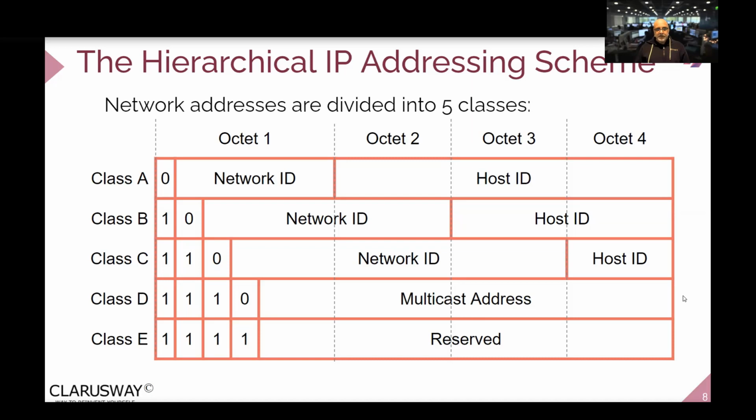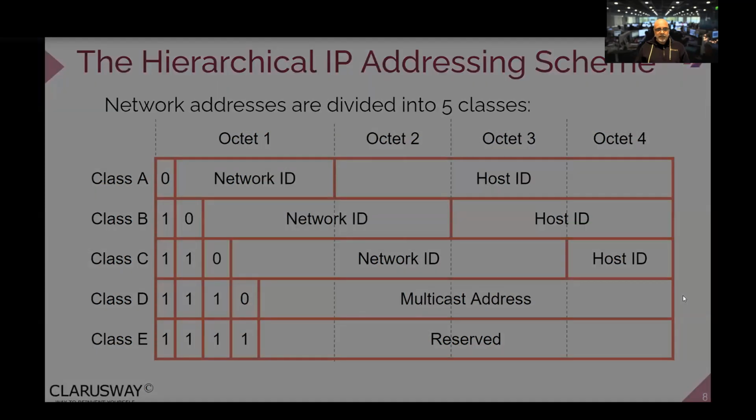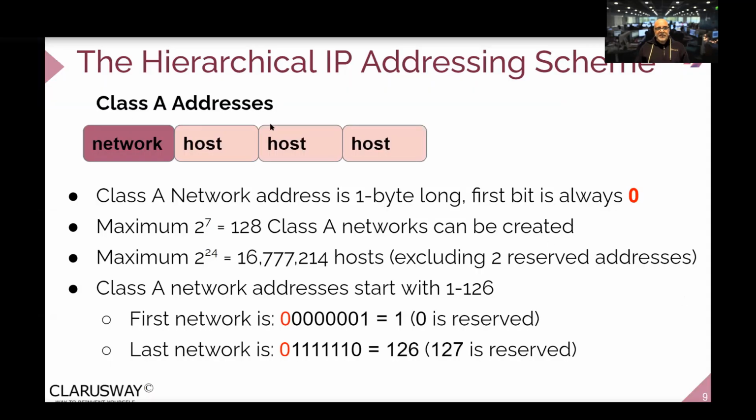All right, so what does that mean? That's a little bit theoretical, a little bit maybe not so obvious about what that means, but let's look at what that means. Okay, let's look at the class A address or addresses. Okay, so the first octet is the network ID, and then the remaining 3 octets are the hosts. We know that the first bit is always going to be 0 here.